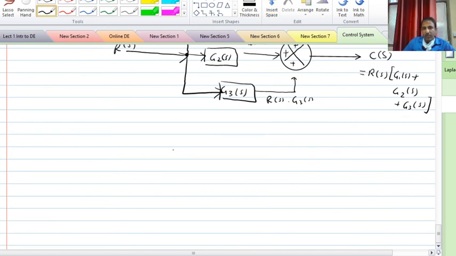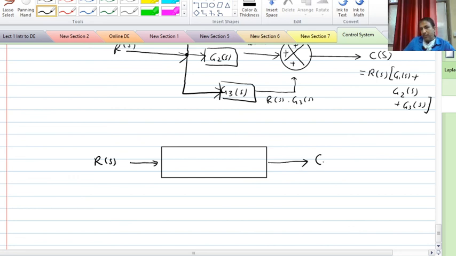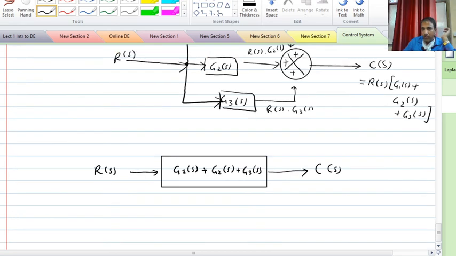Okay, so we can replace this combination by a single block, that is, if the three blocks are in parallel, we can replace it by this, that is CS equals G1S plus G2S plus G3S, and this plus sign is due to the presence of these plus signs, because this is plus, this is plus, this is plus.